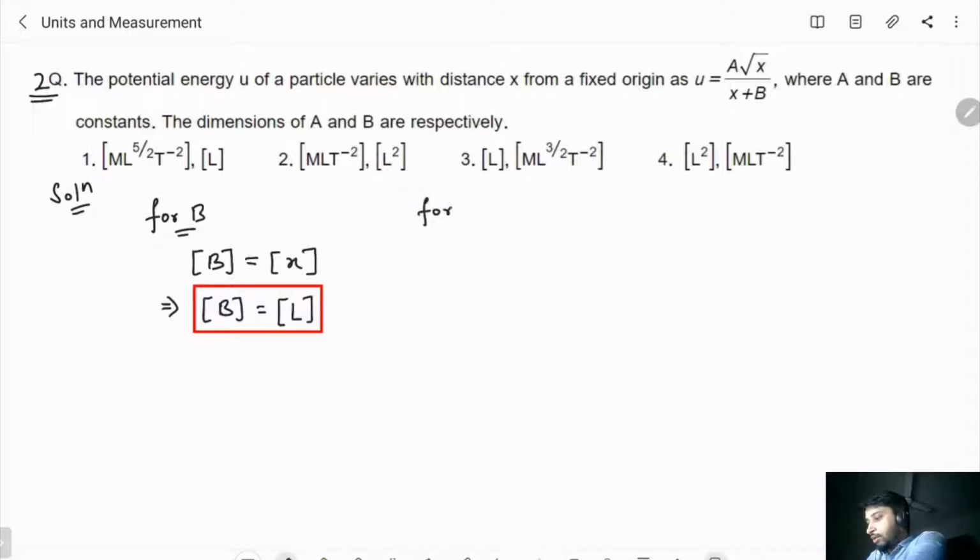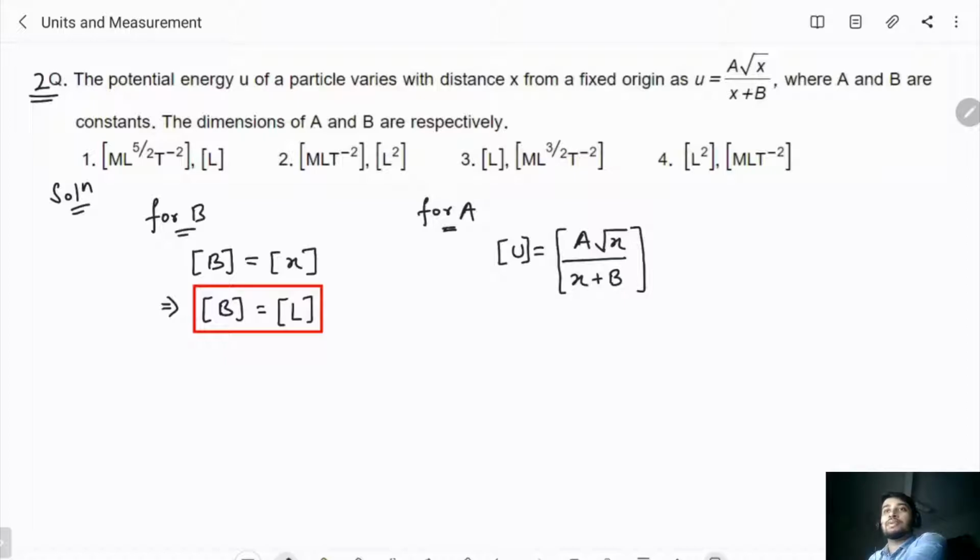So for A, we'll equate the dimensions on both the sides. So the potential energy U is equal to A root x by x plus B. Here the dimensions of U will be the same as the dimension of this complete expression.